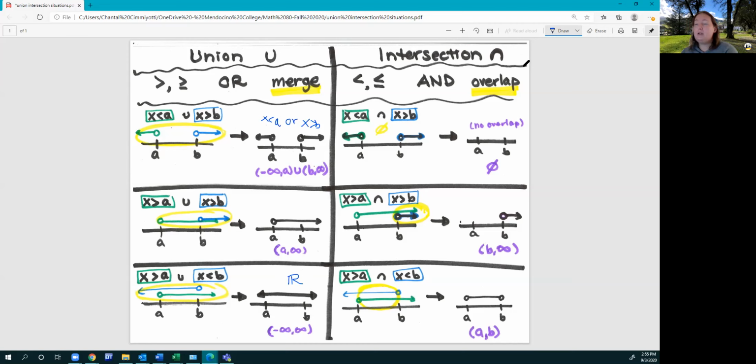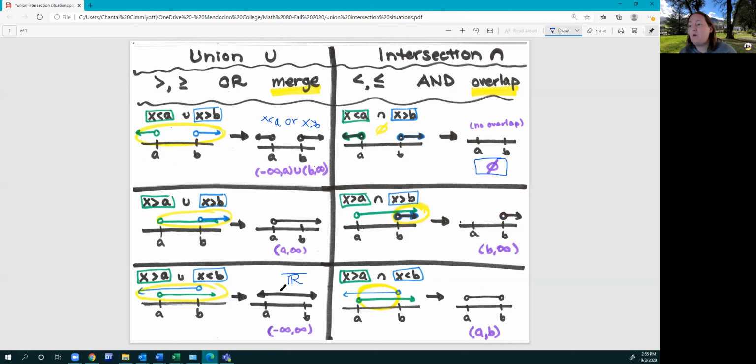When we're looking at intersection, we're looking at where they overlap. What do they have in common? When we have them going in opposite directions, there is no overlap. So your scratch work, if you have this situation, is going to tell you that there is no solution. So that's often the other special case.